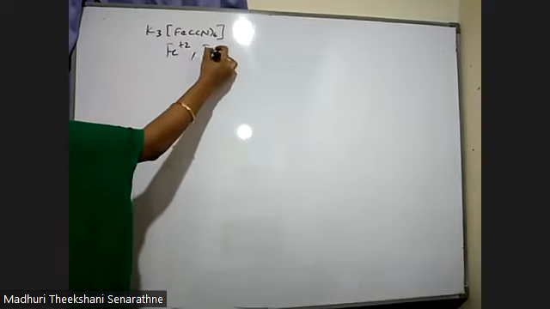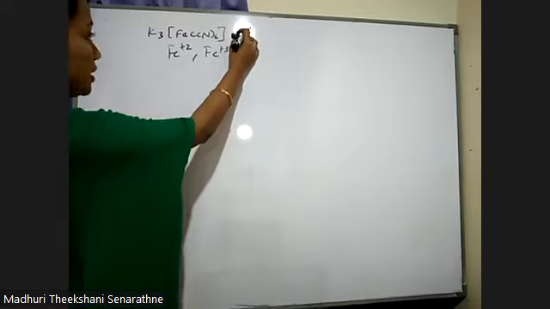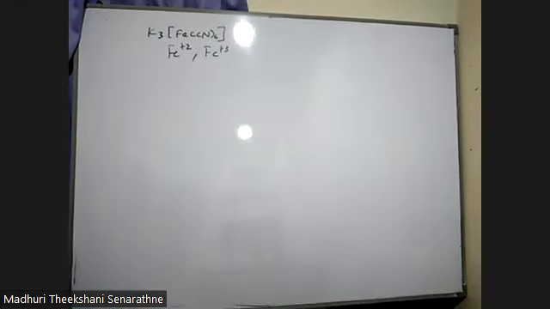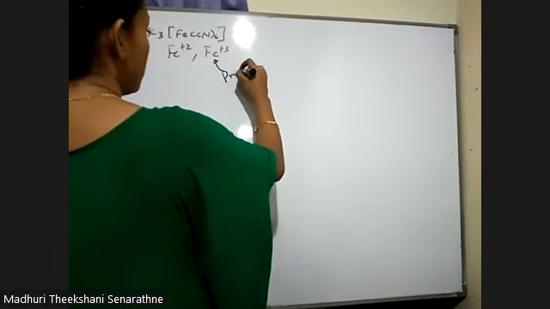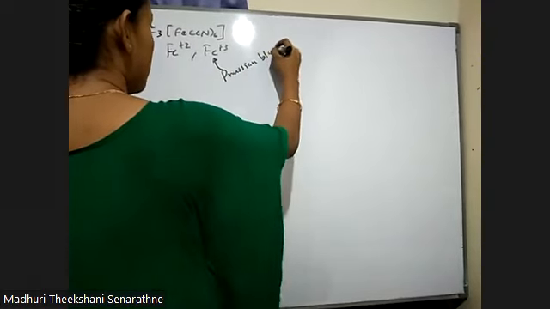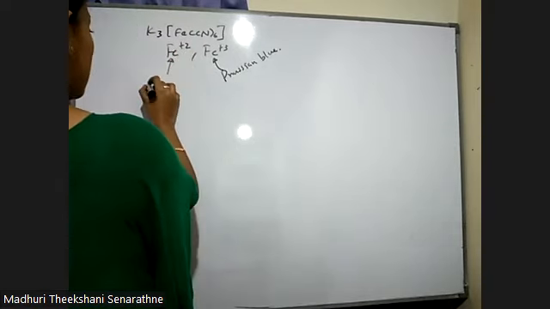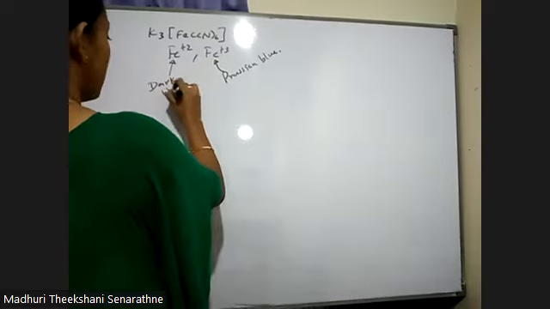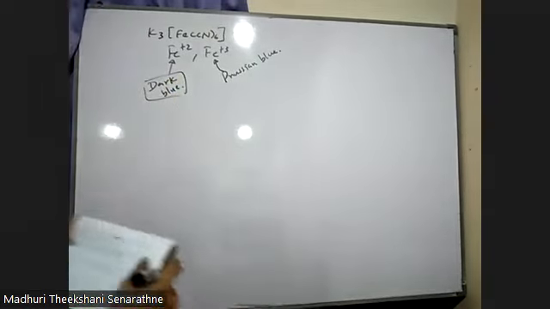Fe2 plus and Fe3 plus produce blue color precipitates with this compound, but only Fe3 plus produces Prussian blue precipitate. Fe2 plus produces dark blue. It is not Prussian blue. Fe2 plus makes a dark blue precipitate. Okay.